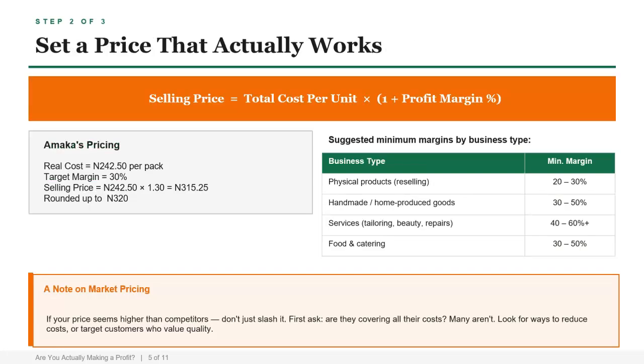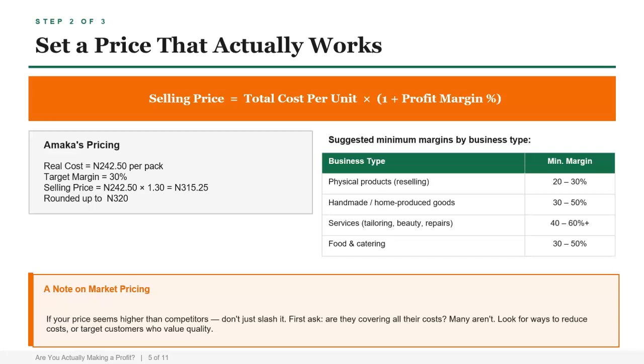So how do you determine what price to sell? Don't forget the calculation we did. The real cost is about 242 naira 50 kobo per pack, and she wants to put a margin of 30%. So the math is 242 naira 50 kobo times 1.30, which gives you 315 naira 25 kobo.